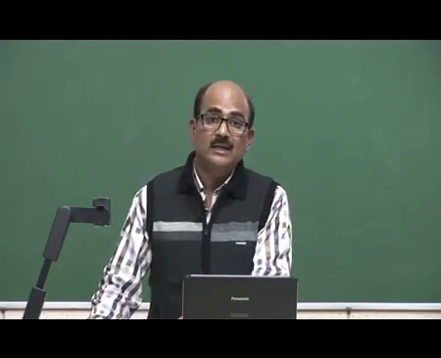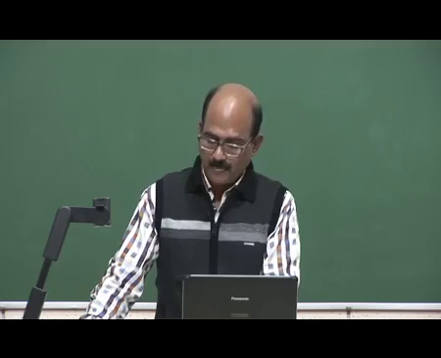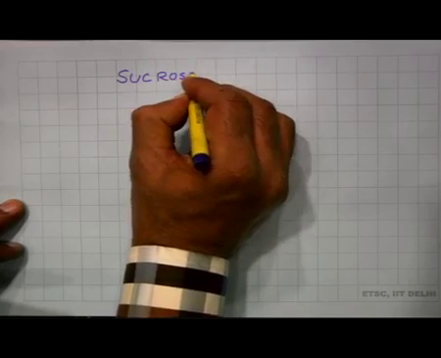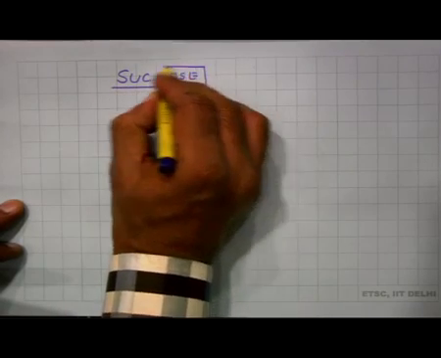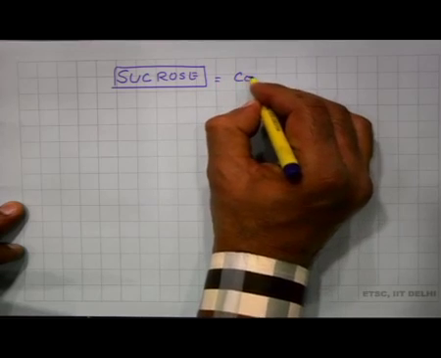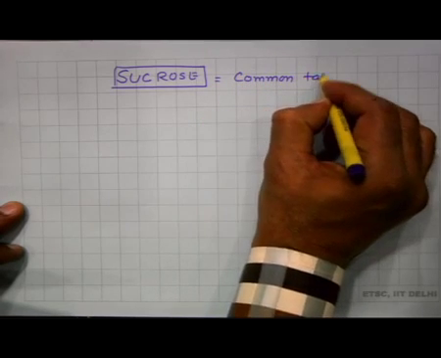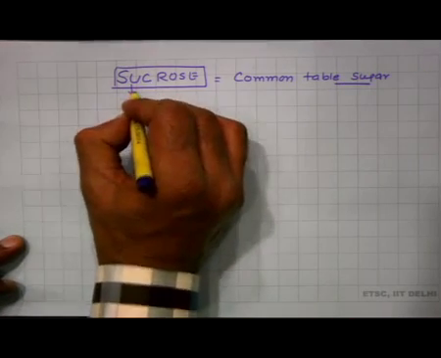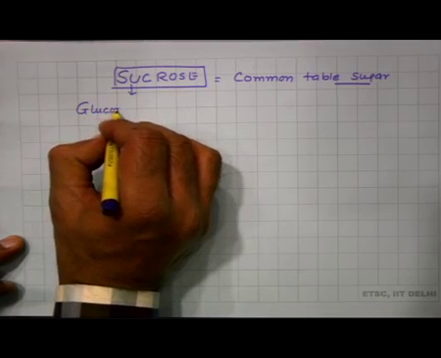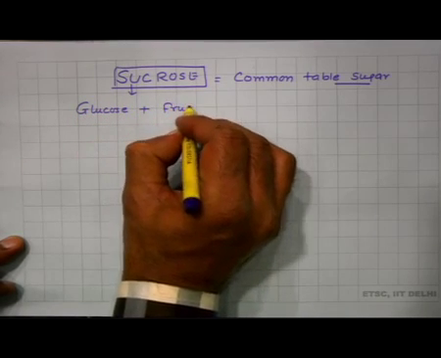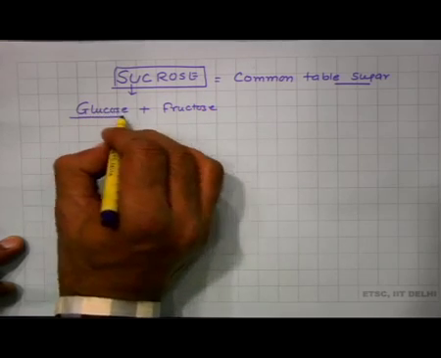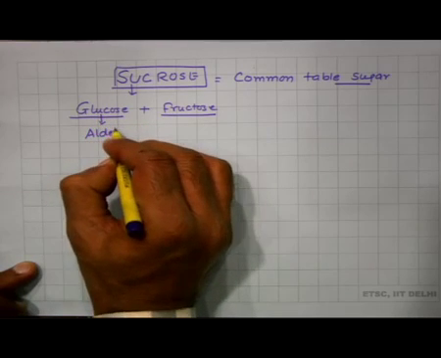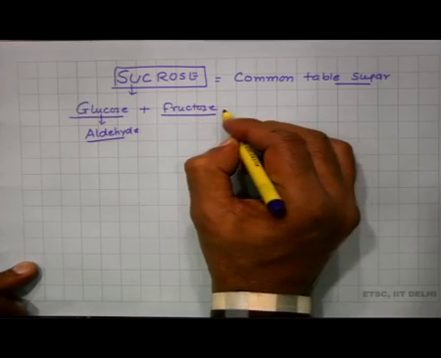Now, you see there is a slight difference in the formation of sucrose. Sucrose is known as common table sugar. It is made by glucose plus fructose. You know glucose is in aldehydic form, it is an aldehyde, and fructose is a ketone.